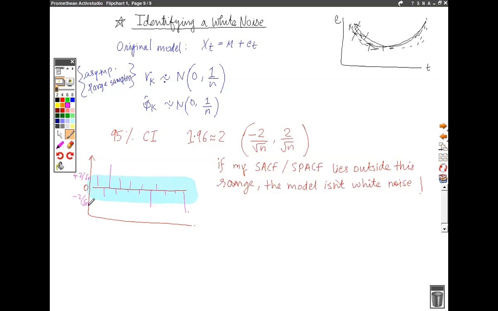But again, there is a caveat. Because we were looking at this 95% confidence interval, I should expect that at least 5% of my observations can lie outside the range.